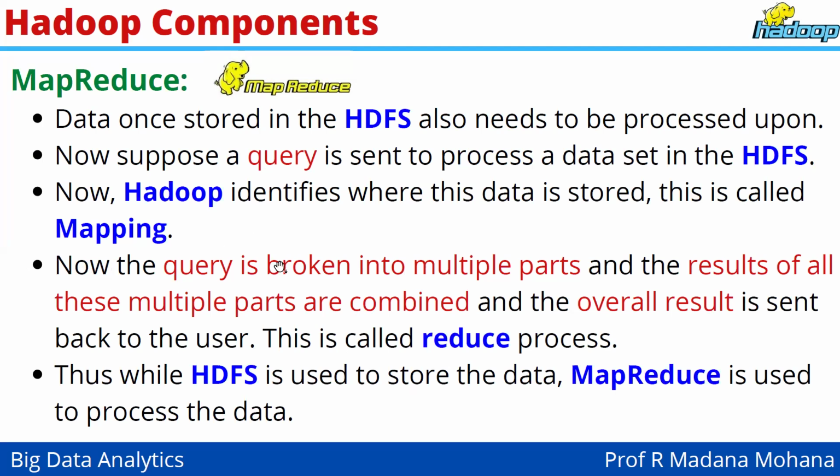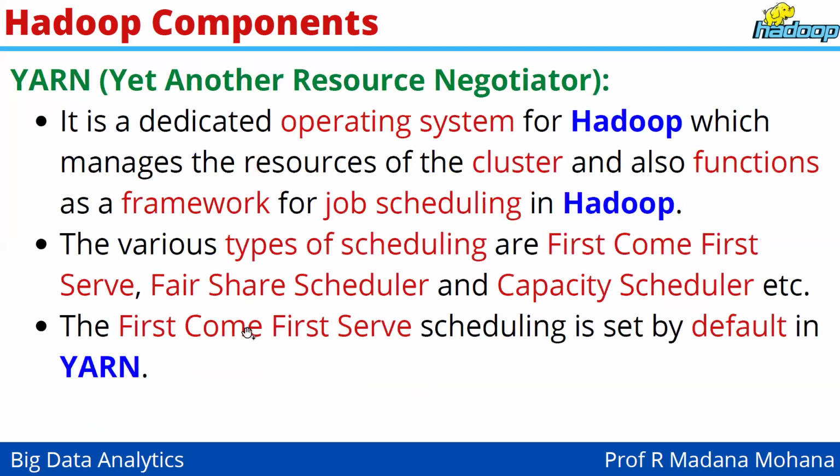Then the query is broken into multiple parts and the results of all these parts are combined. Then the overall result is sent back to the user. Combining the individual results is called the reduce process. Finally, HDFS is used to store the data, whereas MapReduce is used to process the data. So that is MapReduce.